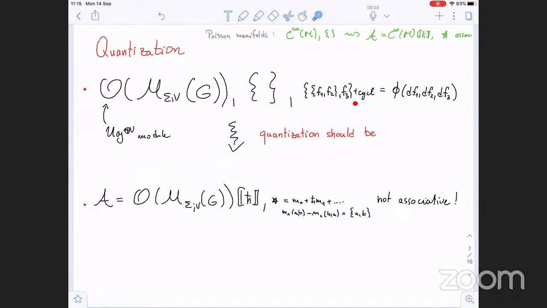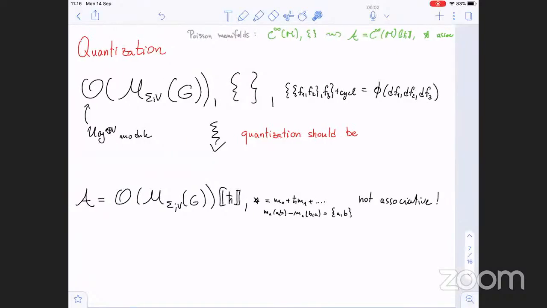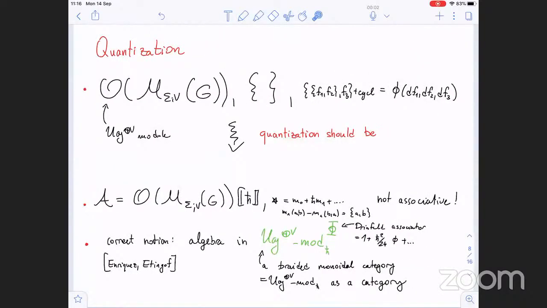What it means is that if you look at the Jacobiator, this expression, you don't get 0, but you get phi evaluated on these three differentials. So one can try to do the same thing. The quantization should be just power series with some star product, but it cannot be associative in the usual sense, because then the first order commutator would be Poisson. This was first realized by Enriquez and Etingof.